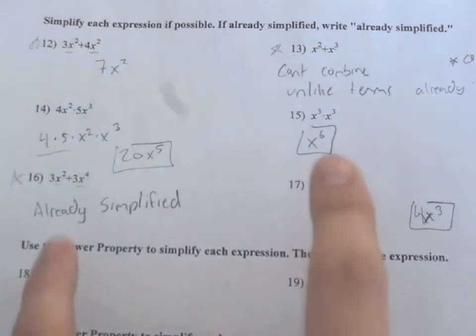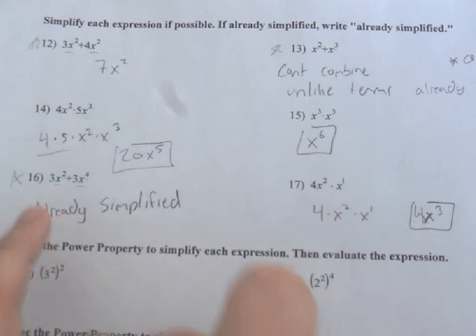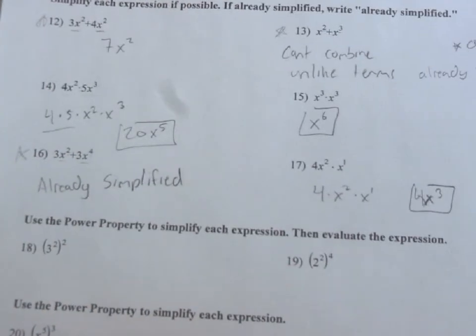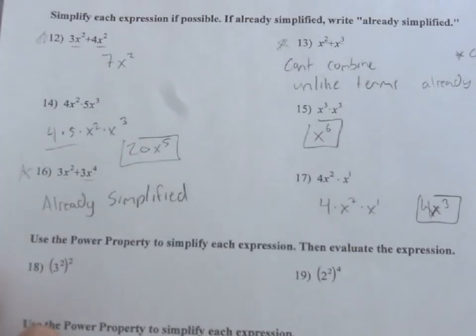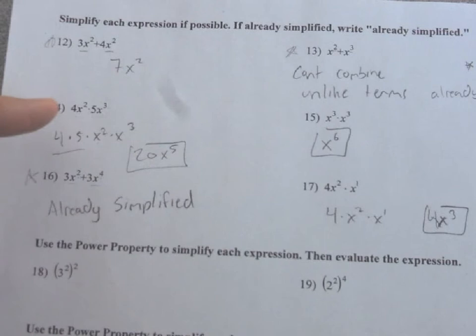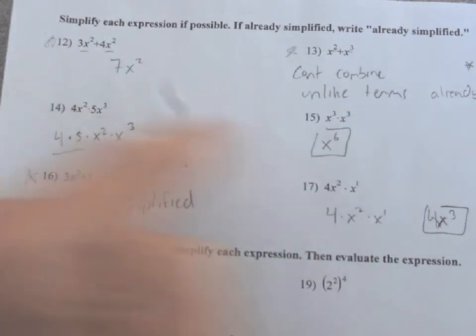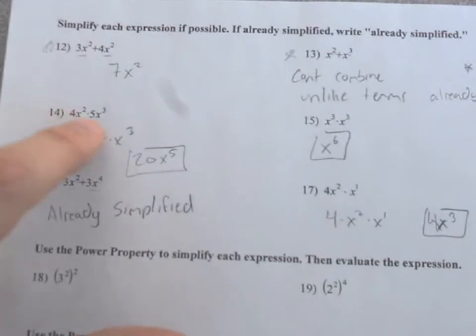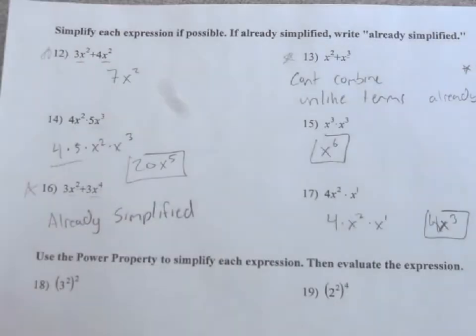If they're not like terms, like in 16 and 13, you can't combine them and there's nothing you can do. Now, if it's multiplication, they don't have to match. Okay, the rules are different. If they're multiplication problems like this, we're going to apply the product rule, which says to add the exponents, so the exponents change, and then we actually just multiply the number, the coefficients. Okay.